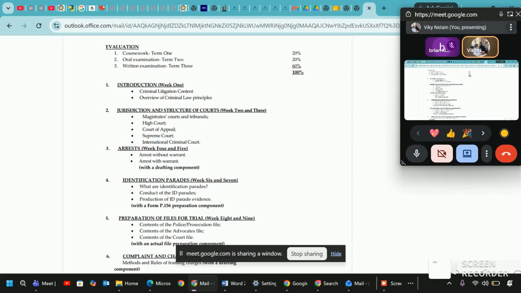So I was saying that you should put yourself in the shoes that you can draft an application requesting for warrants of arrest, and at the same time you can do an application to revoke or to set aside those warrants of arrest as an advocate of the accused person. So the examiner will test you on either of those procedures.